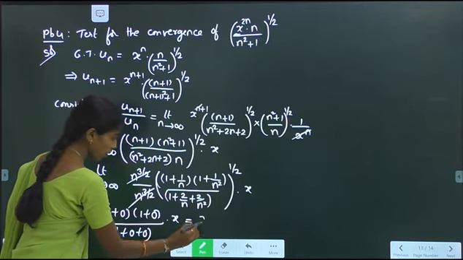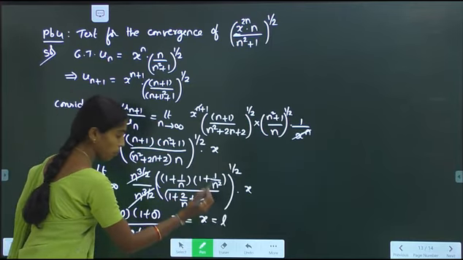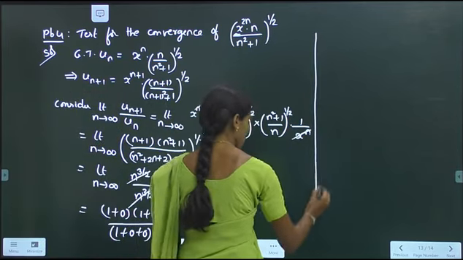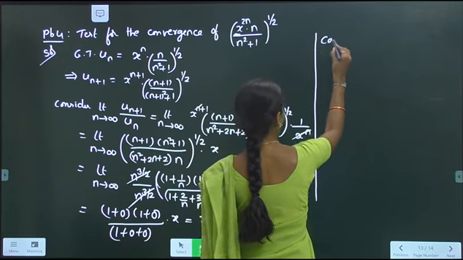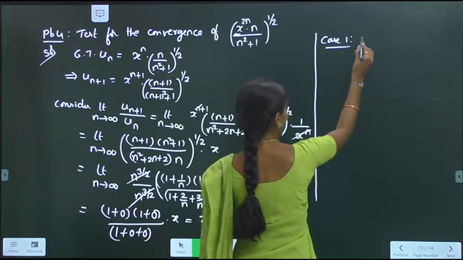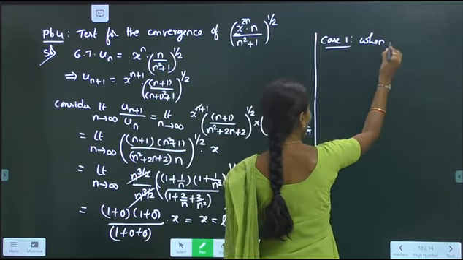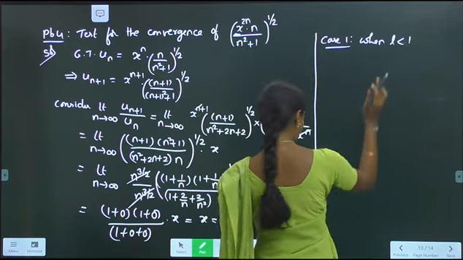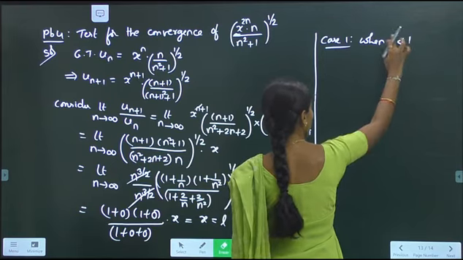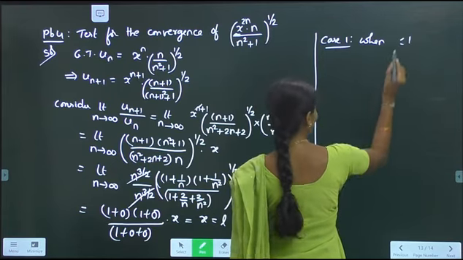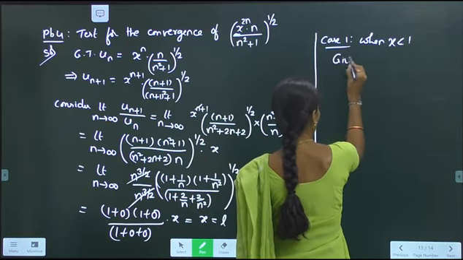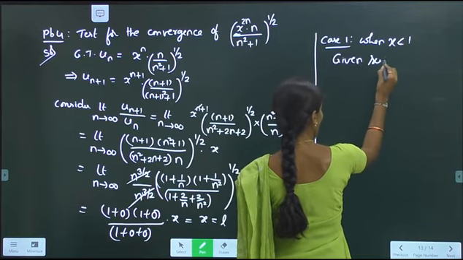So what is the limit value? X is the limit value because x is unknown, right? So case 1, when L value is less than 1, what is L here? L is x. When x is less than 1, given series is convergent.